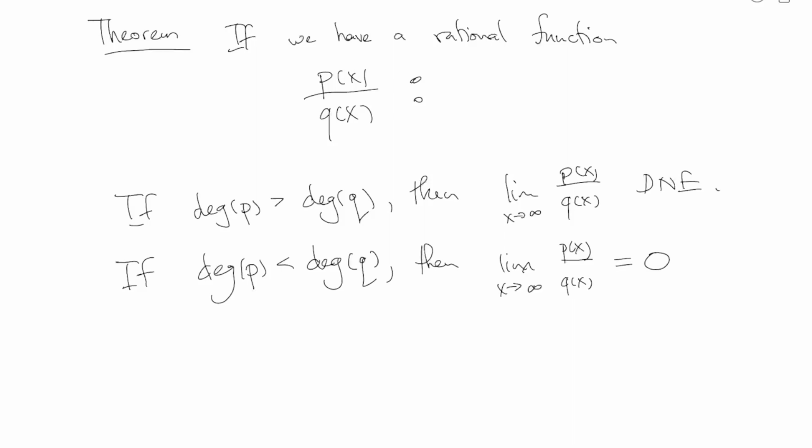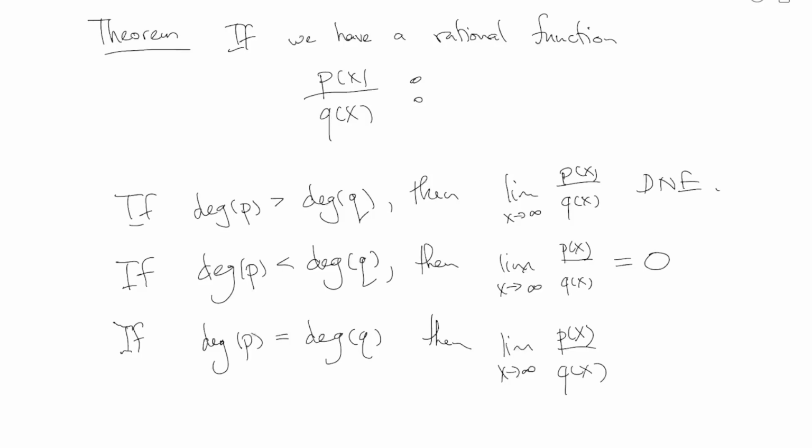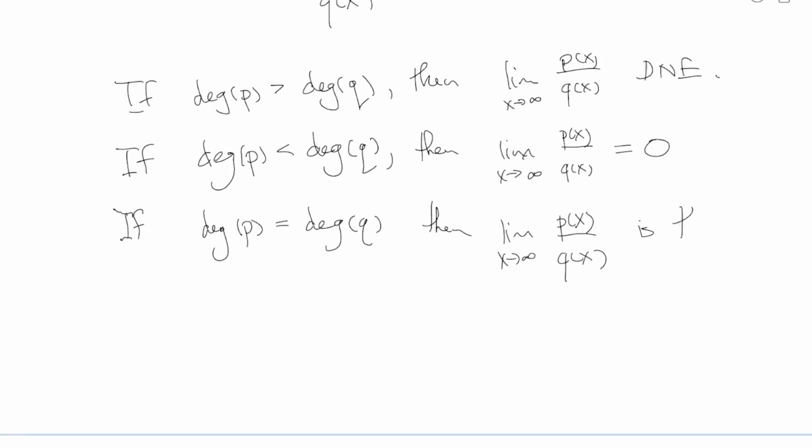And if the two degrees are equal, here I have to say in words, although it's still a simple answer, then this limit is the ratio of the coefficients on the highest degree terms.